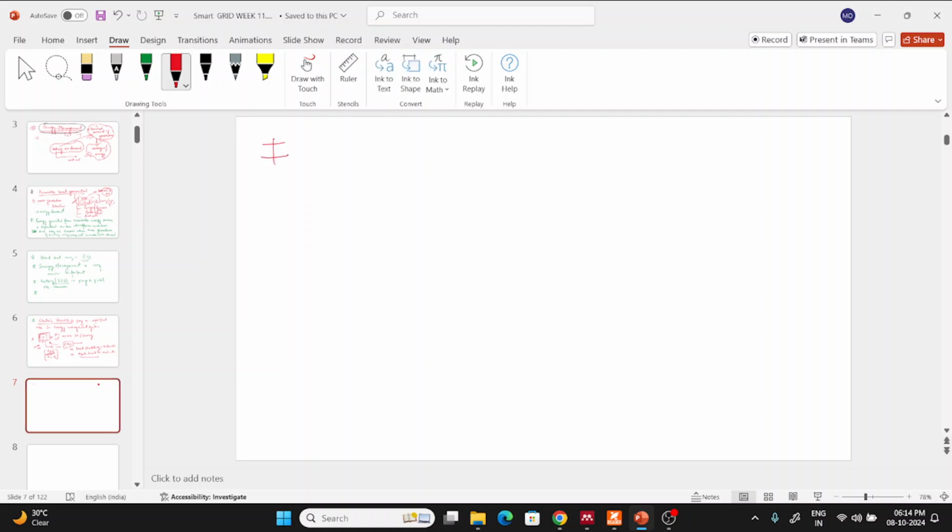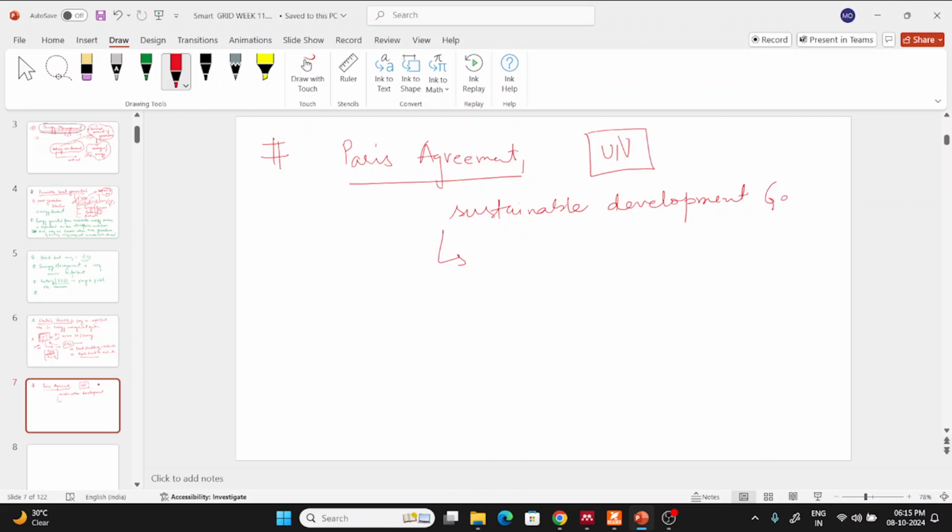There are various organizations in the international scenario, like the Paris Agreement, and the United Nations has set certain rules for sustainable development. Among the sustainable development goals, there is the clean energy goal.